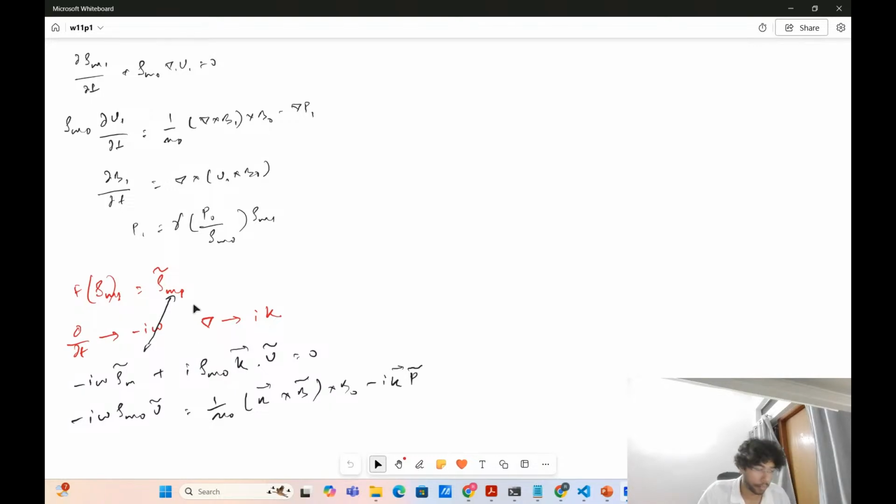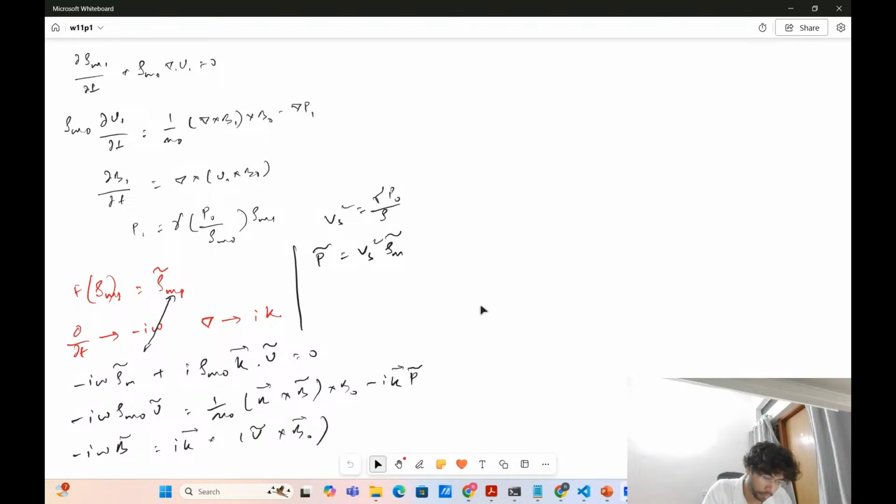Okay, and how about the induction equation? Right. So these are the three equations, and also we can write down the equation of state, where Vs square is the sound speed, gamma p by rho.